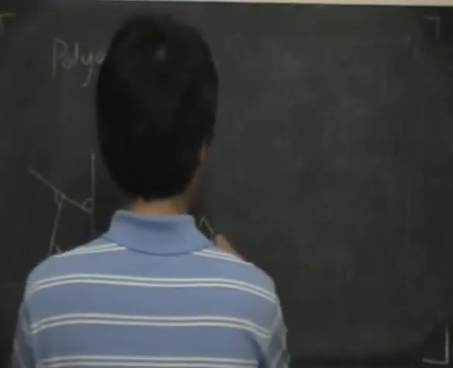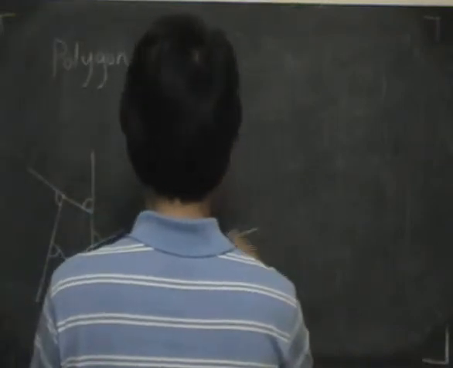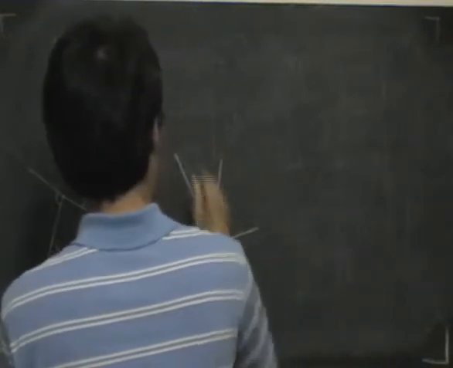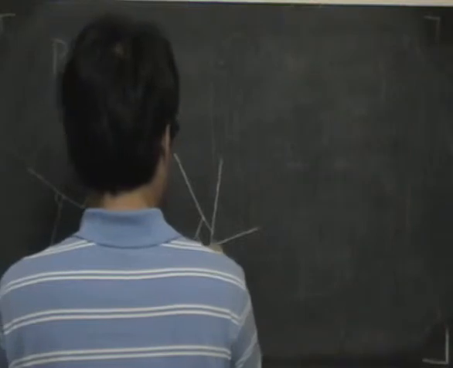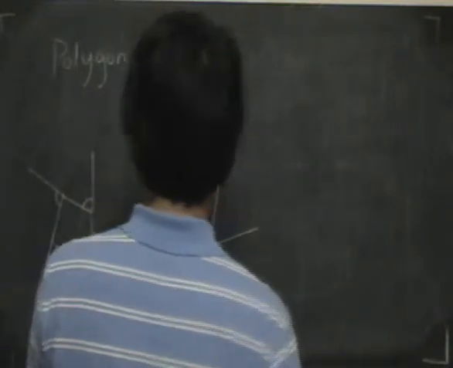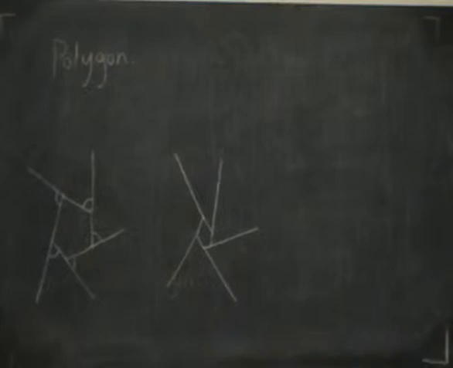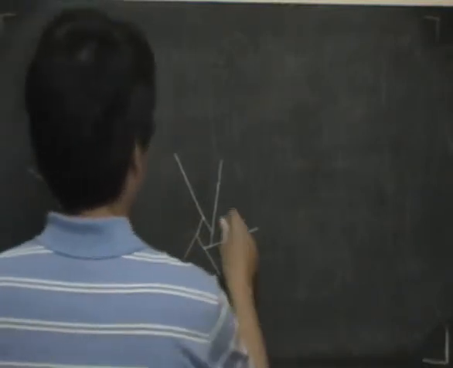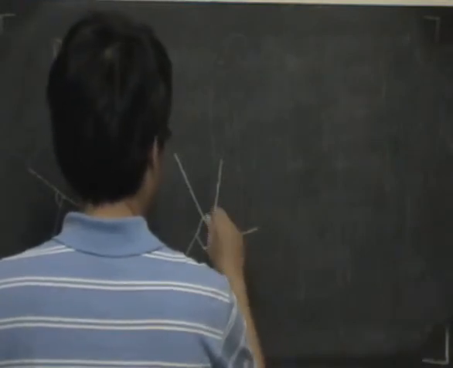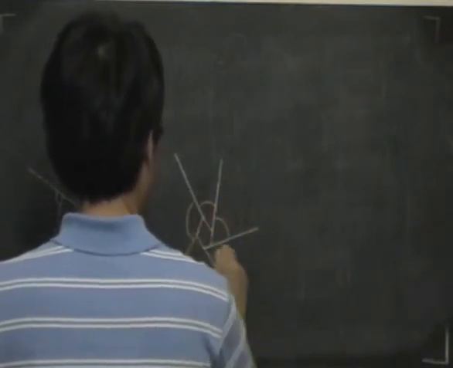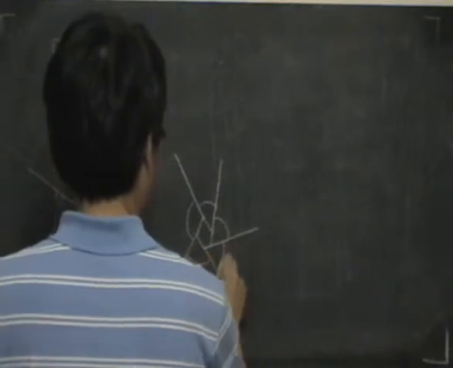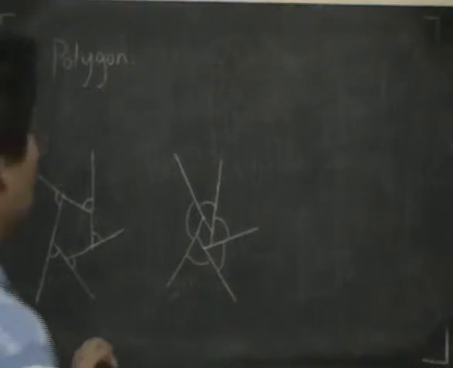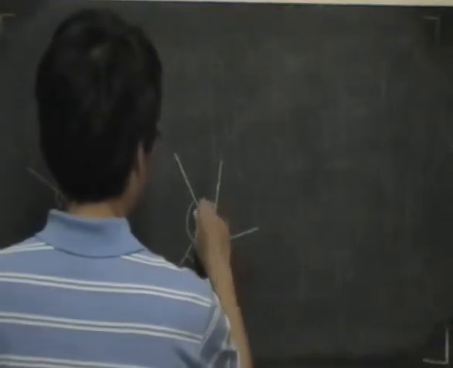Let me draw the exterior angles. Those are the sides produced, the extended lines. So these are the exterior angles. Here, here, here, here, and here. So I'm interested in the sum of these angles.